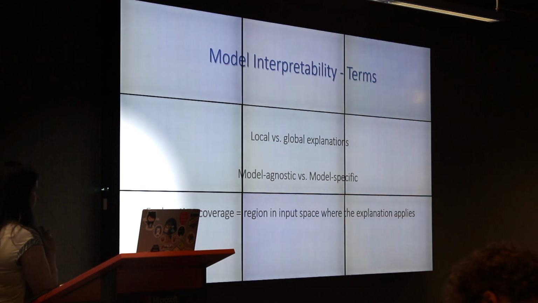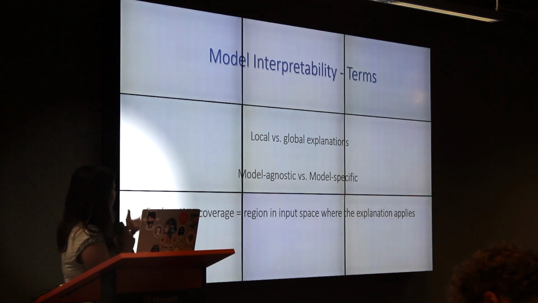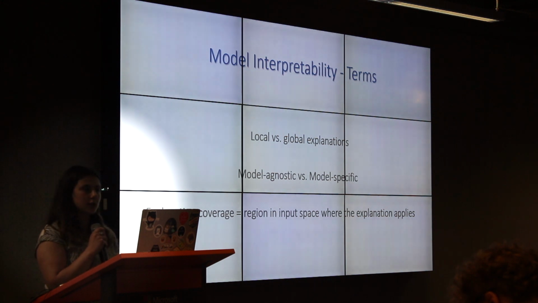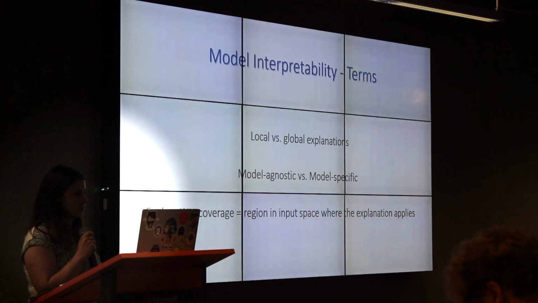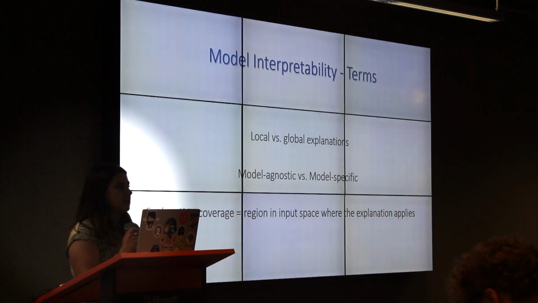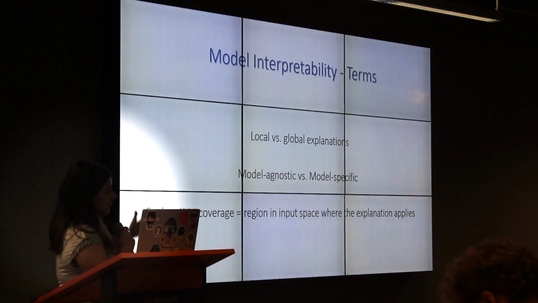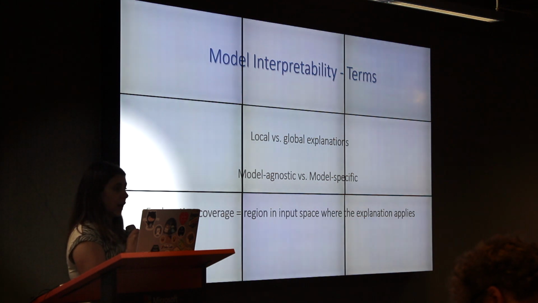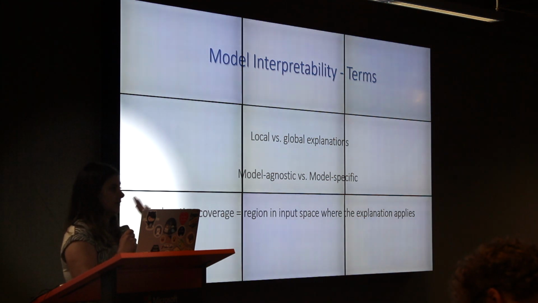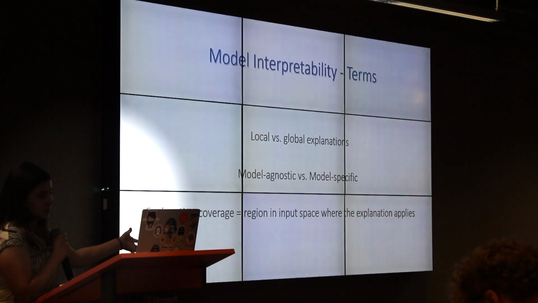Model agnostic versus model specific. A model agnostic technique can take in any model whatsoever and give you explanations on the back of it. Model specific means you'll have a technique that only works for neural networks, or a technique that only works for decision trees, and so on.